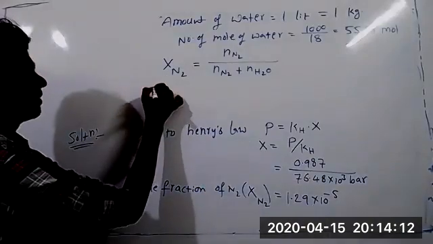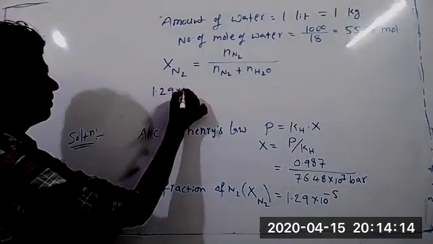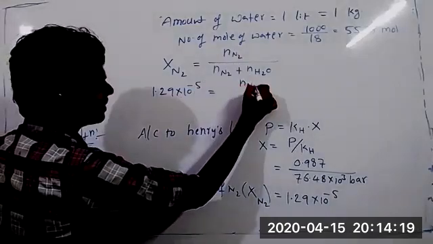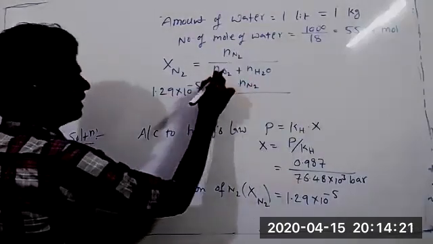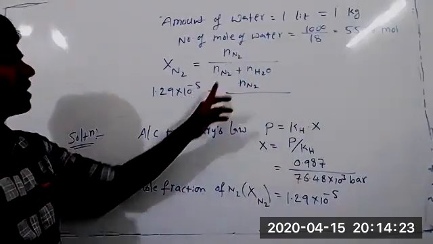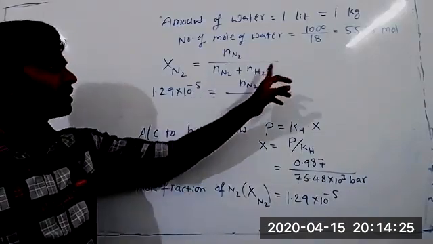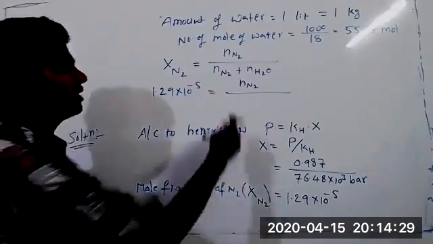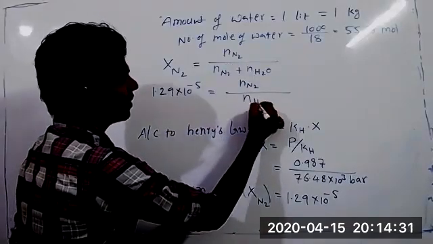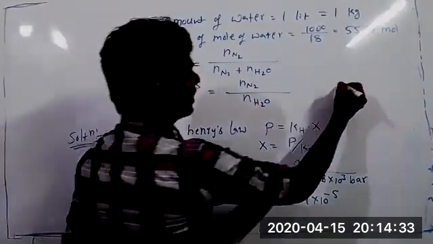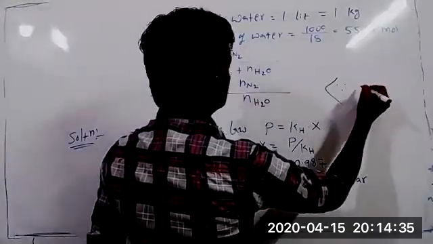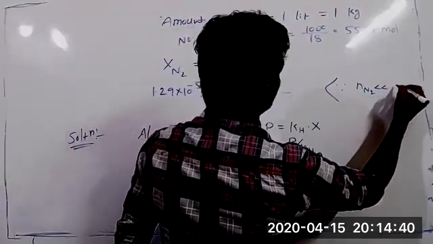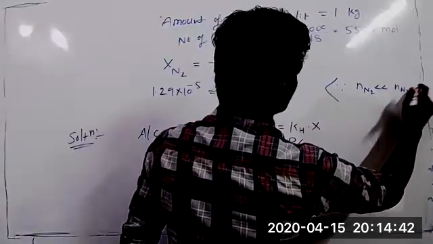In the denominator we neglect the number of moles of nitrogen, since it is very, very less compared with water.